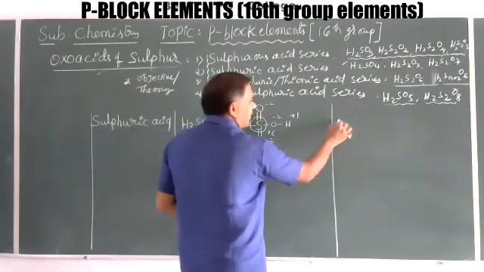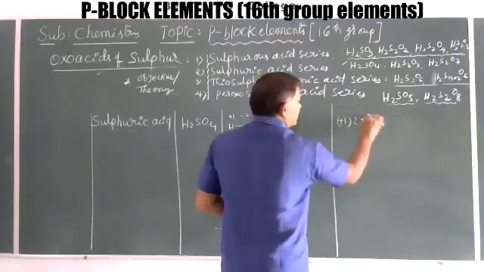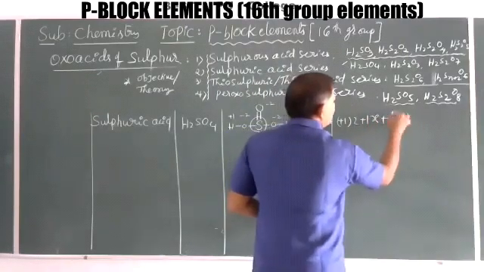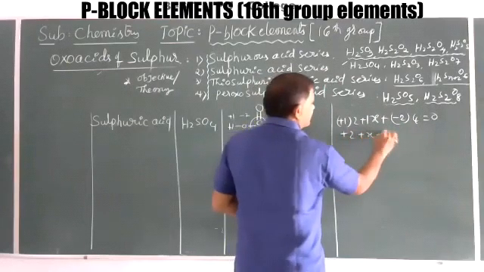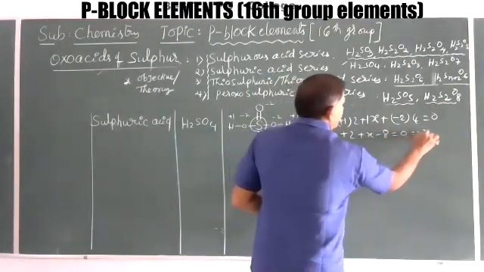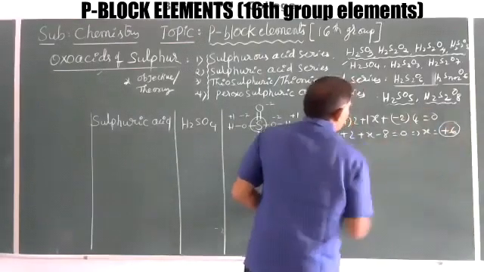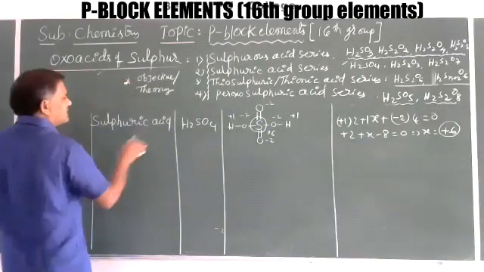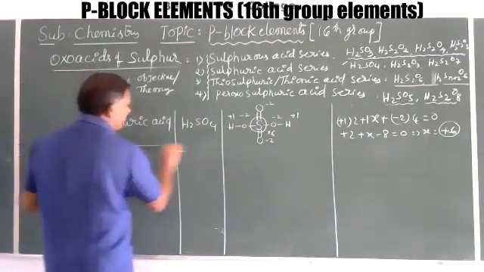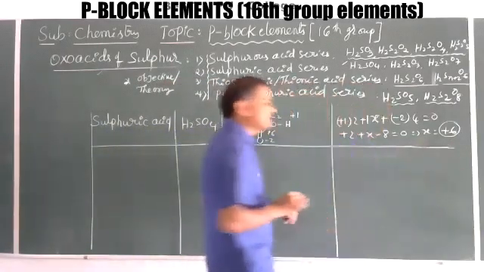We can calculate: plus 1 into 2, plus x, plus minus 2 into 4 equals 0. Plus 2 plus x minus 8 equals 0, so x equals plus 6 oxidation state. So this is the highest oxidation state oxoacid of sulfur, that is sulfuric acid. This is the structure and oxidation state table.